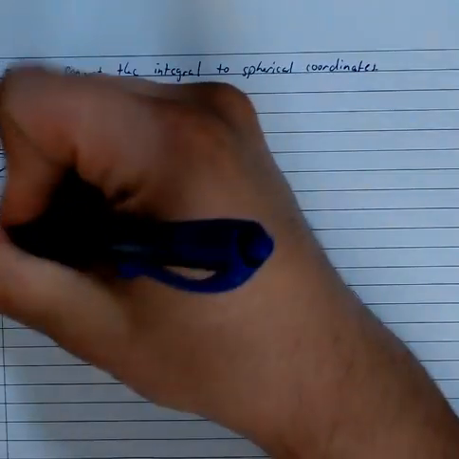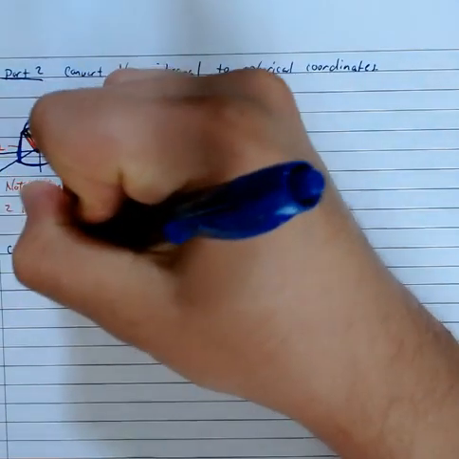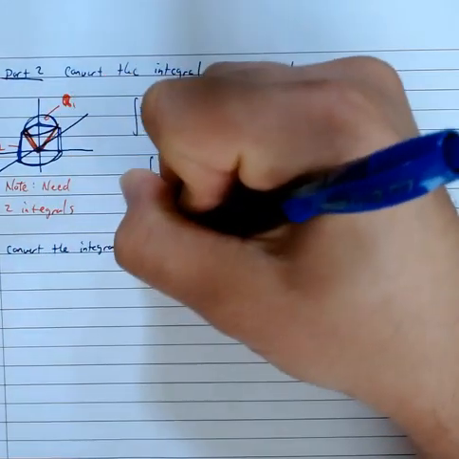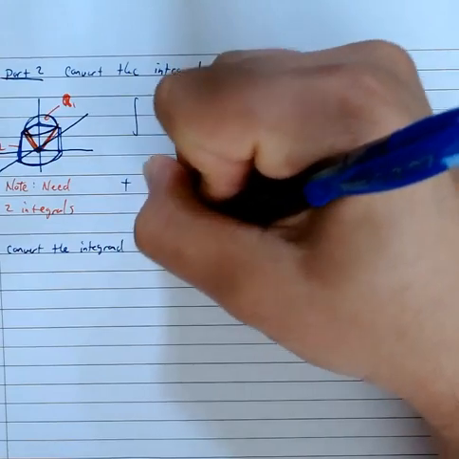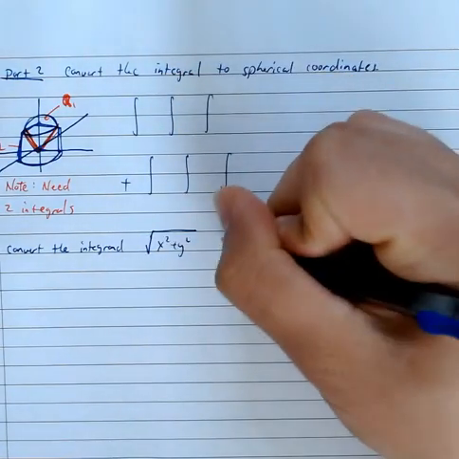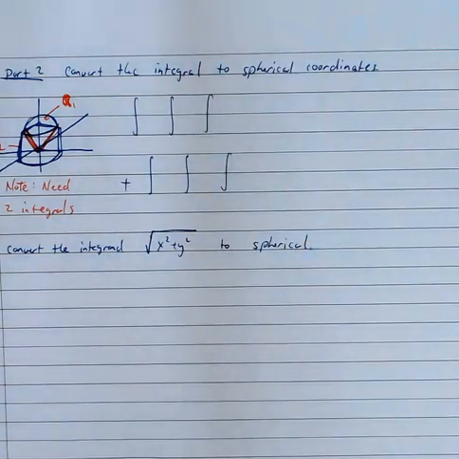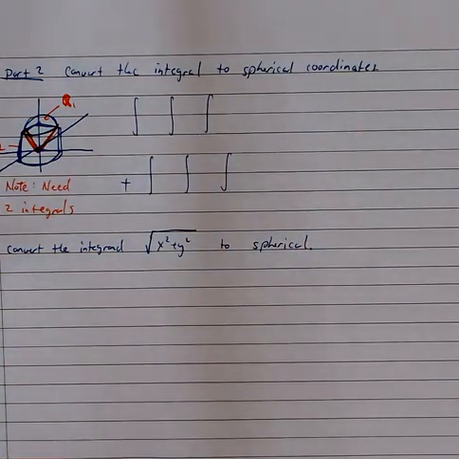Let's convert the integrand, which was the square root of x squared plus y squared, to spherical. Now, we have conversions for all of those.